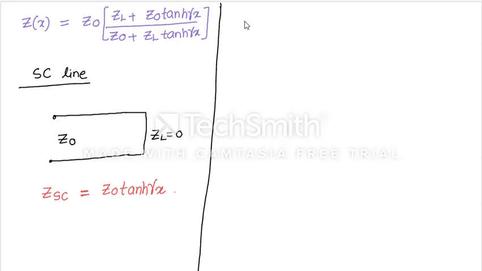Next, let us say the load is open circuit. Open circuit transmission line means the load is open circuited. This is my transmission line and the load is open circuit.